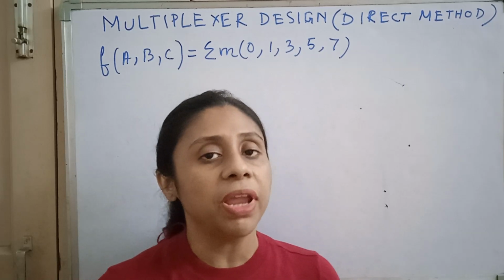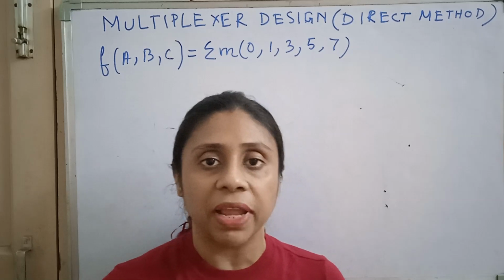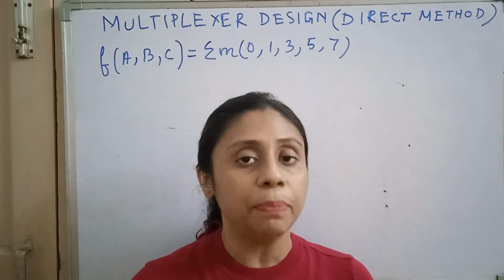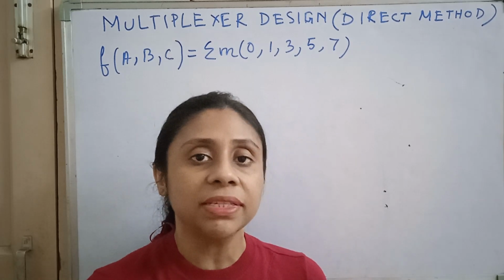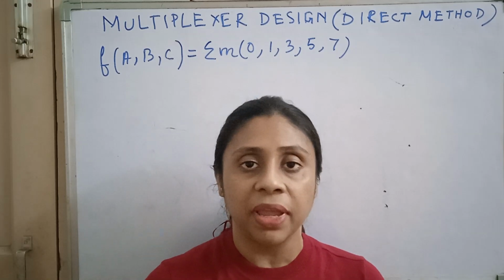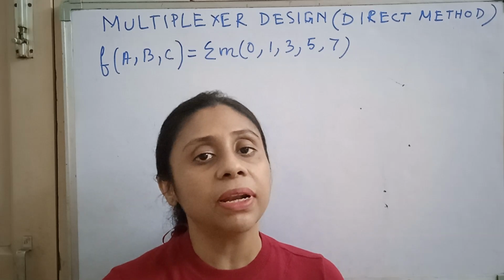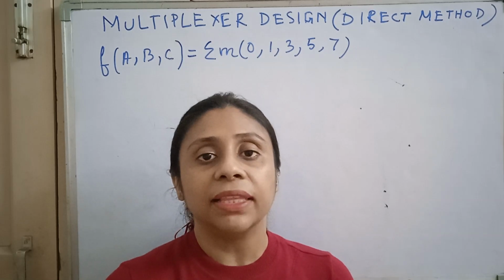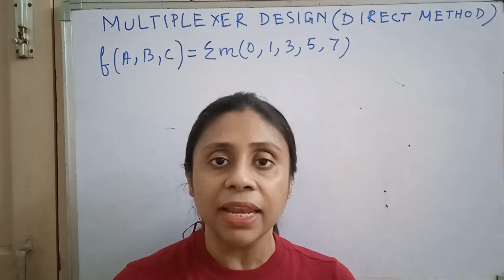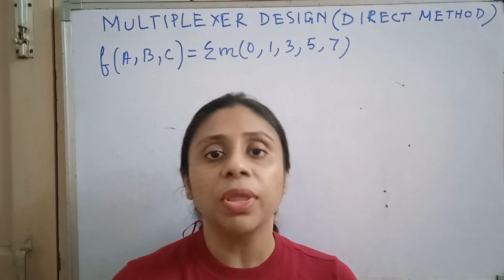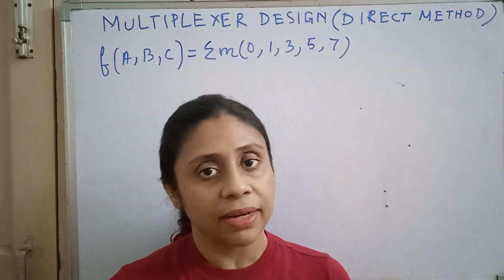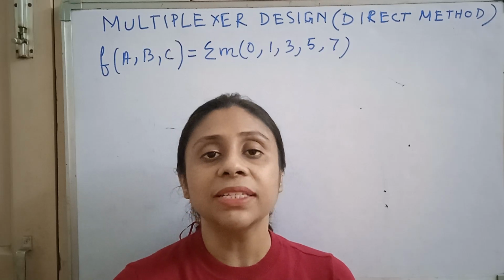Now when you implement Boolean expressions using multiplexers, keep one thing in your mind, that multiplexer designing can be of two types, direct method and indirect method. In direct method of multiplexer designing, the number of input lines will be 2 to the power number of select lines, right?